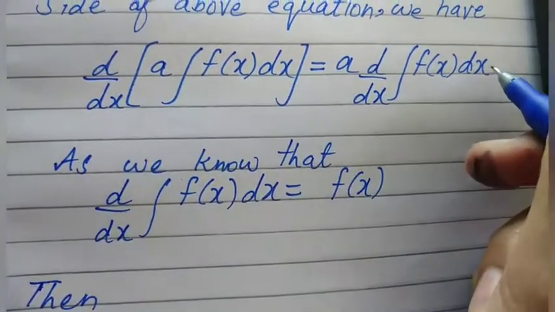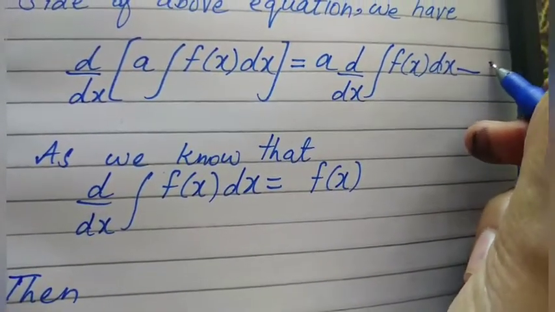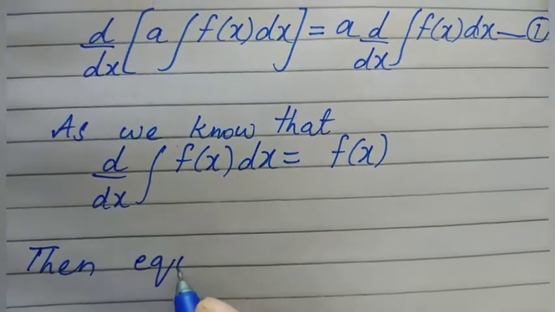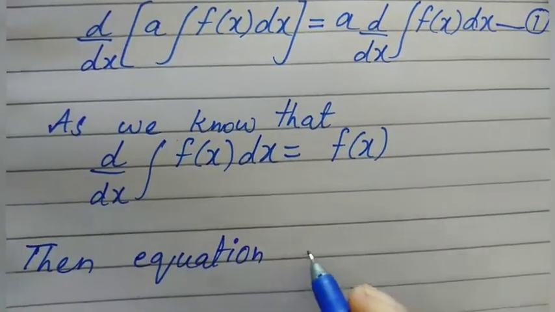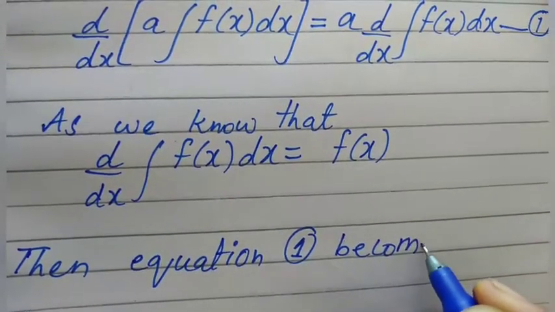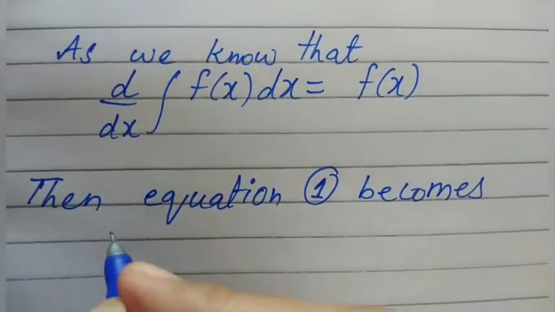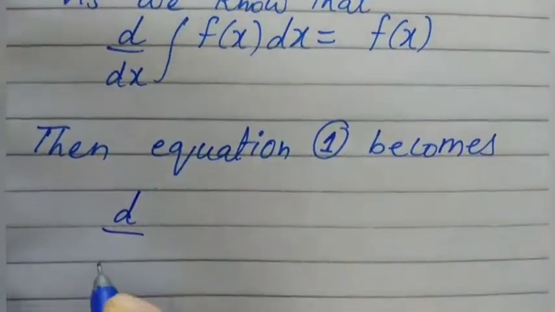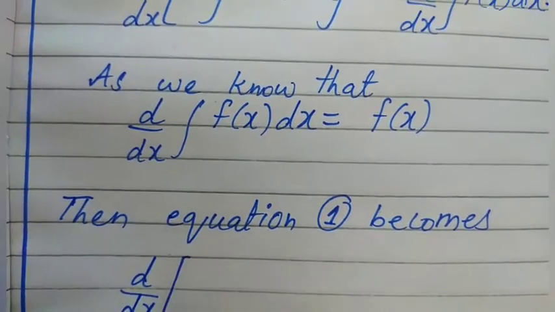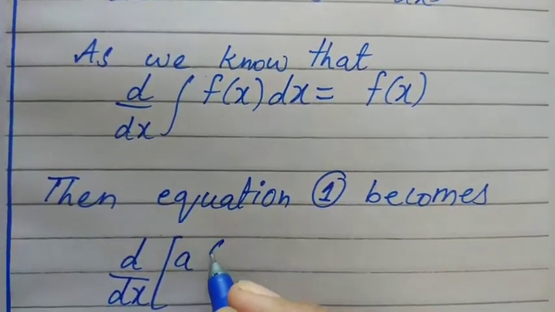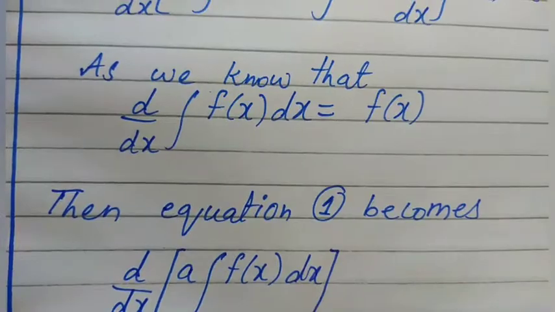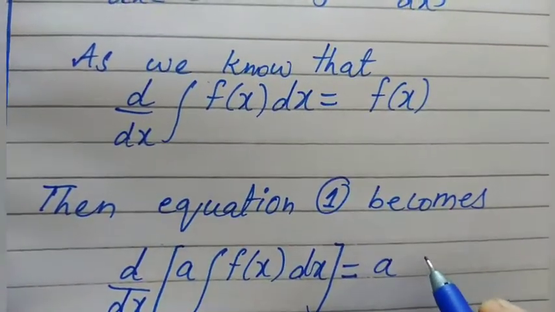So the above equation where the derivative is applied, we will name equation 1. So equation 1 becomes: if d by dx of the integral of f of x is equal to the function f of x, then equation 1 becomes d by dx of the bracket a integral of function f of x will be equal to a f of x.